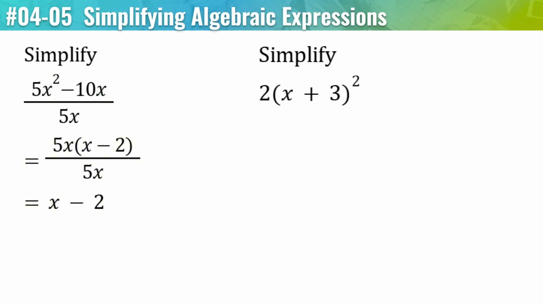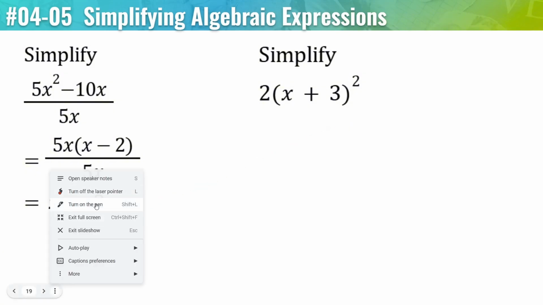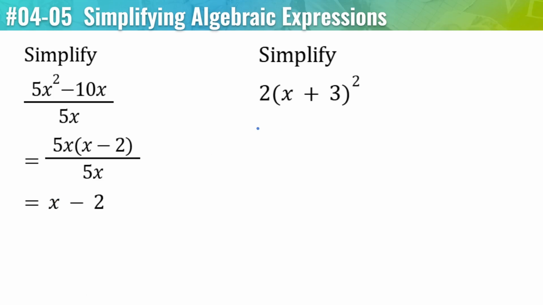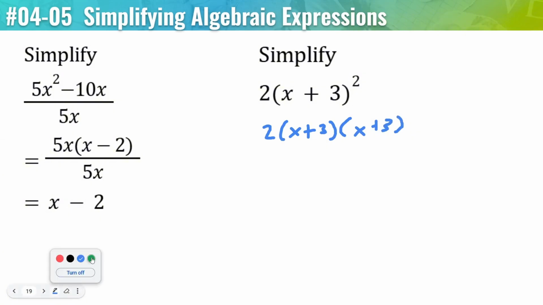So to simplify this, we can use the distributive property or the special product. So first I'm going to show how to do it with the distributive property. You have 2 times x plus 3 times x plus 3 again. So what you're going to do is multiply x times x and then x times 3.